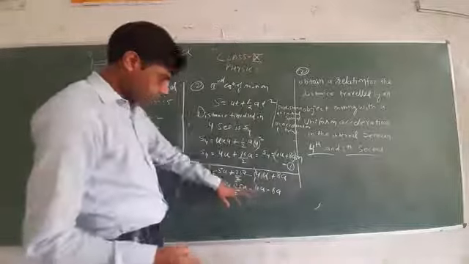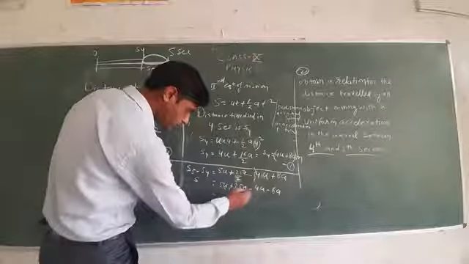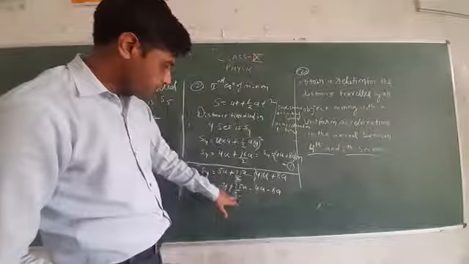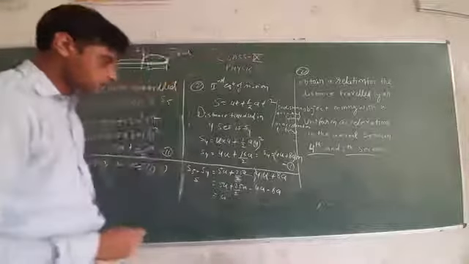So 5u minus 4u equal to u, and then we subtract 25a upon 2 minus 8a.